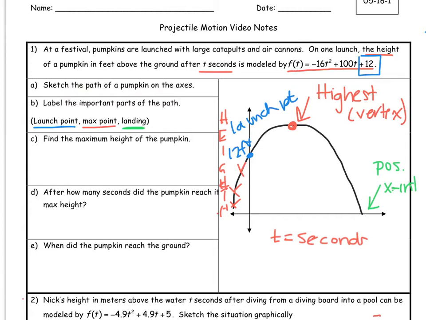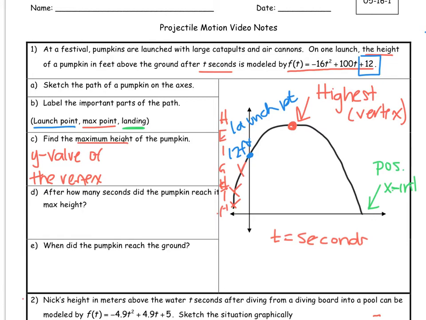So we want to find the maximum height of the pumpkin. So we have to look at the y value of the vertex. So how high did that pumpkin get? So what is this y value of the vertex? And to do that, we can either use the axis of symmetry, the negative b over 2a, or we can use our calculator.